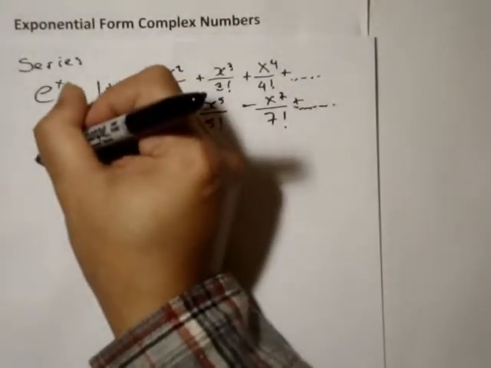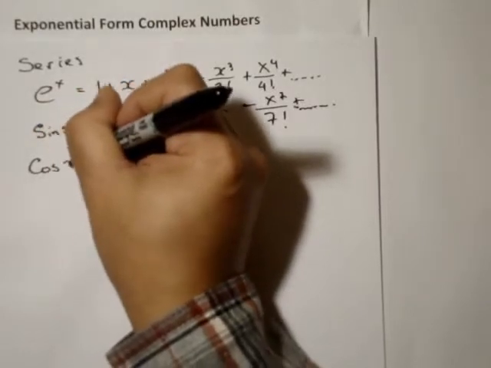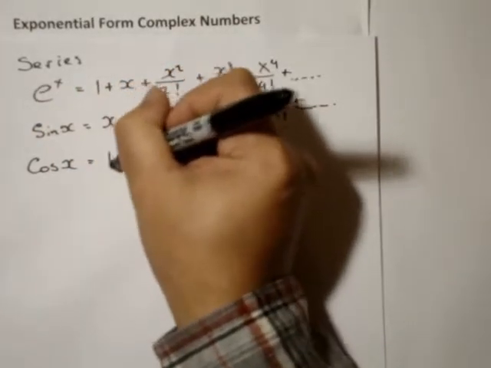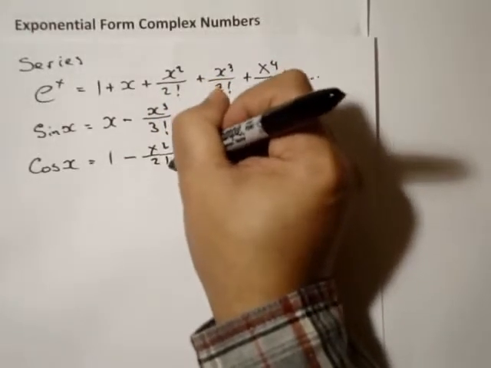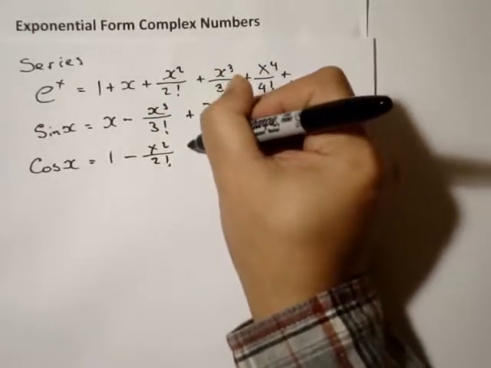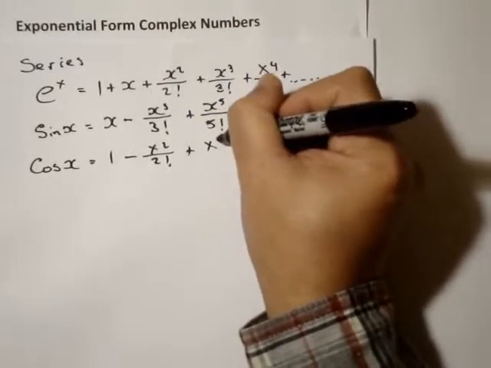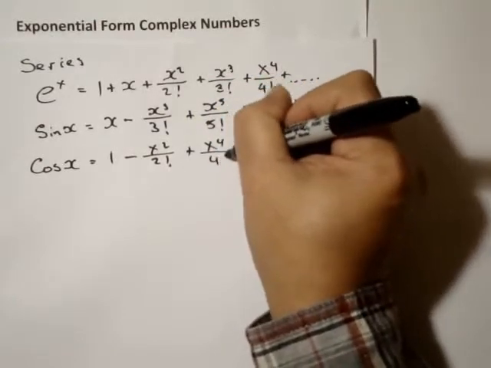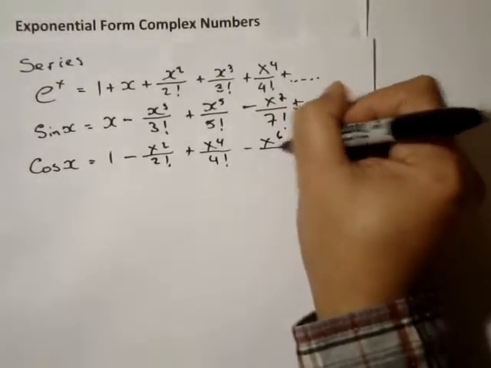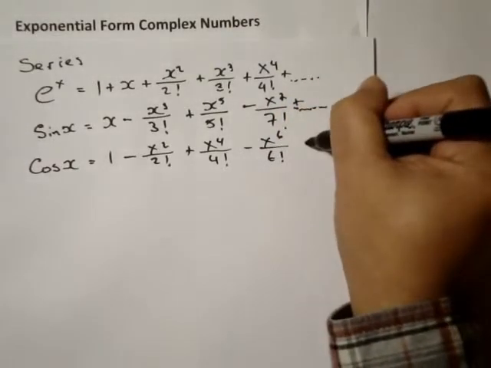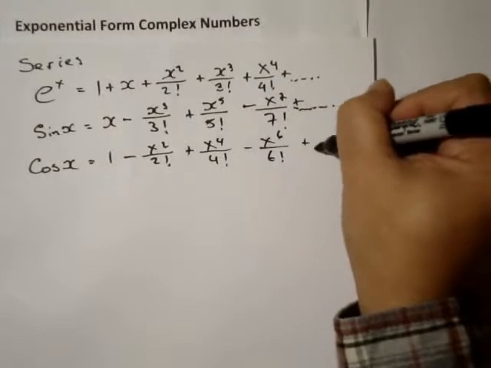For the series for cos x, we have 1 minus x squared over 2 factorial plus x to the power 4 over 4 factorial minus x to the power 6 over 6 factorial, and so on.